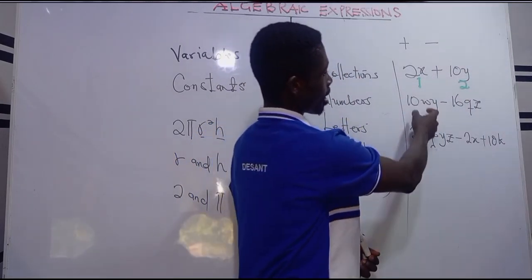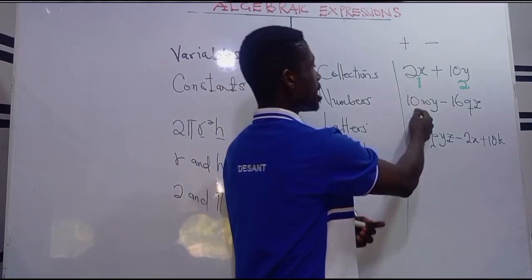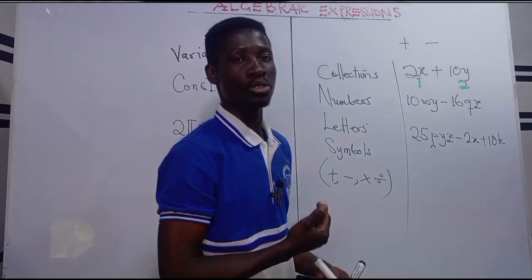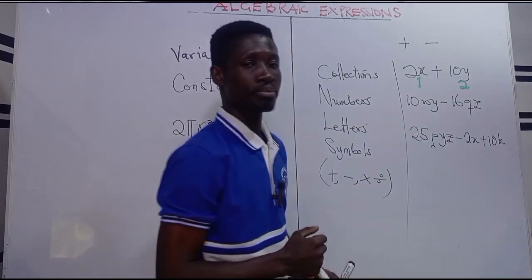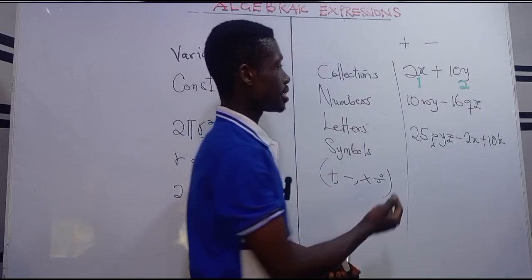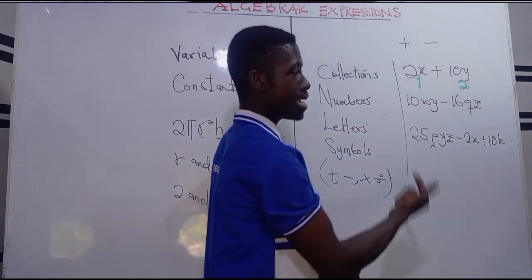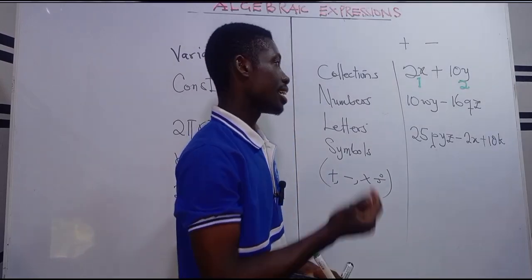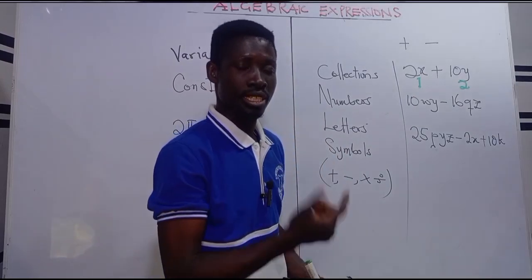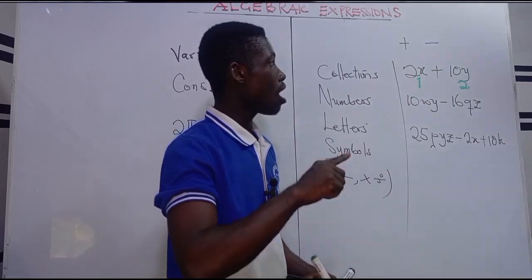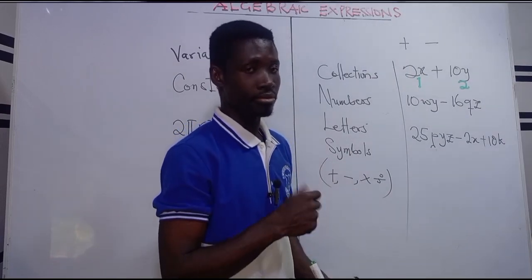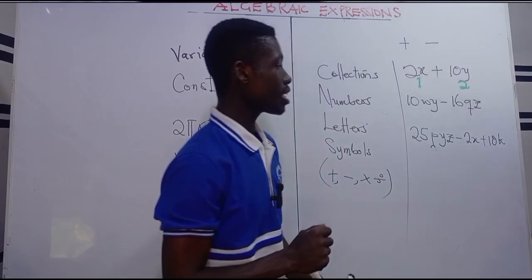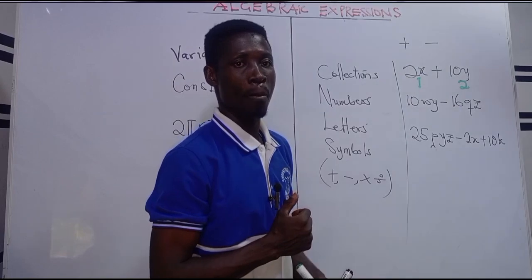Now looking at the second example, we have 10wy minus 16qz. How many terms do we have in this example? We have two terms, that is 10wy and 16qz, because we said that the terms in algebraic expression are separated by addition or subtraction. I guess you are following. Now, how many terms do we have in the third example?